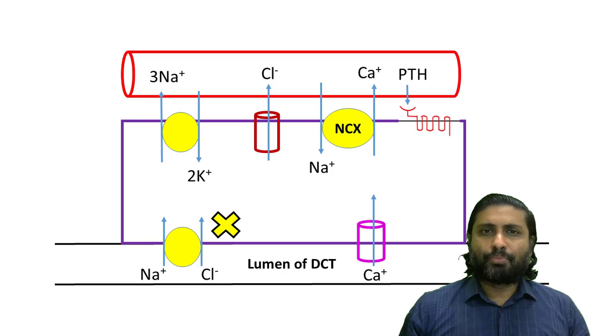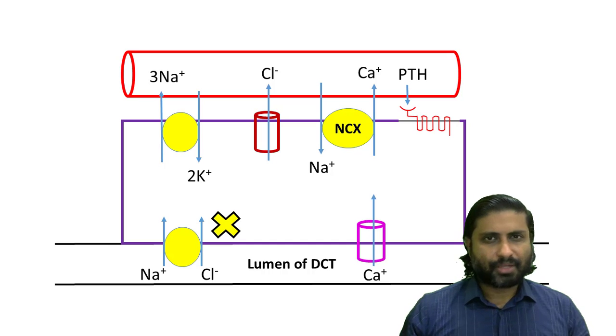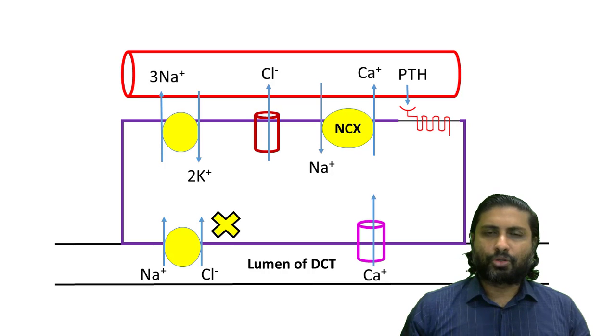It is going to pump more sodium ions into the cell, and when it does this, it will have to pump calcium in the opposite direction. This results in a fall in the intracellular levels of calcium. And to compensate for this, the transporter for calcium on the luminal aspect is also going to upregulate, and it is going to allow more calcium to enter the cell from the lumen.